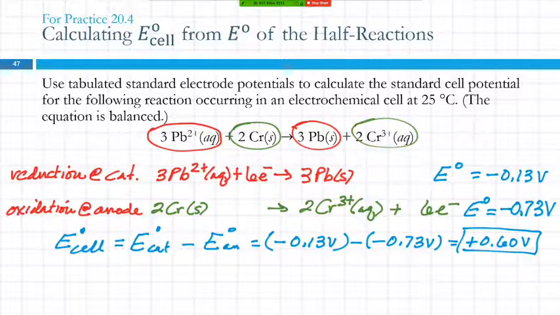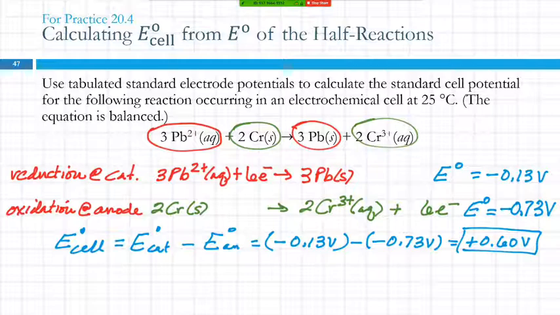Just a quick question. I know we got the values from the chart, or from the slide previous. Is there a reason we don't multiply by the coefficients, like how lead to the plus 2 charge? Yeah, there is a reason.